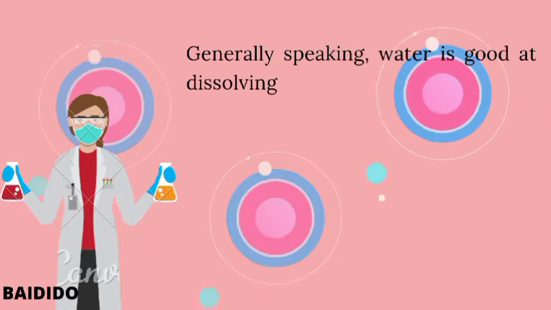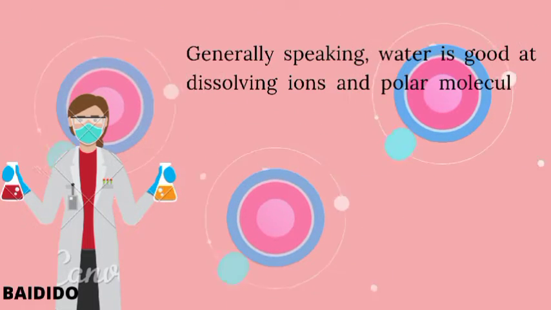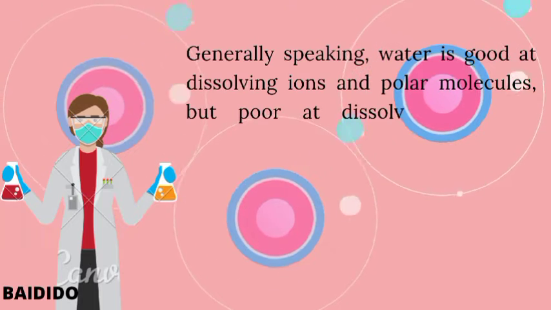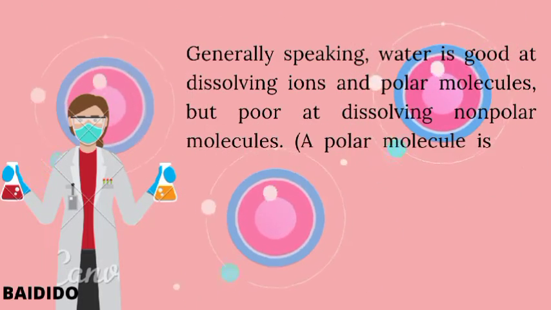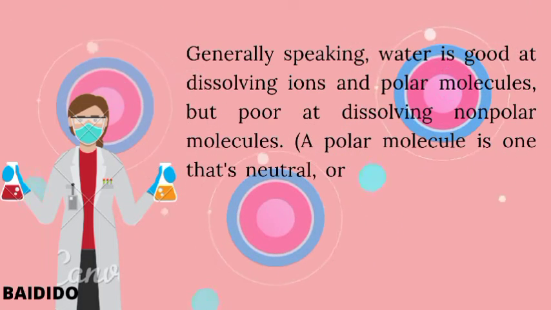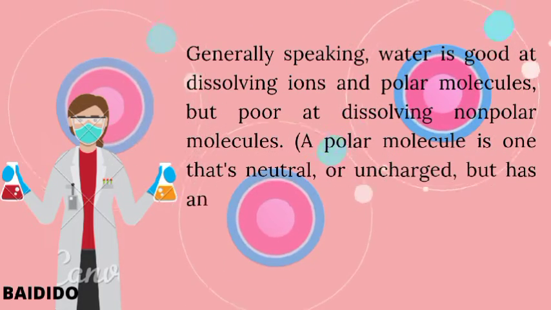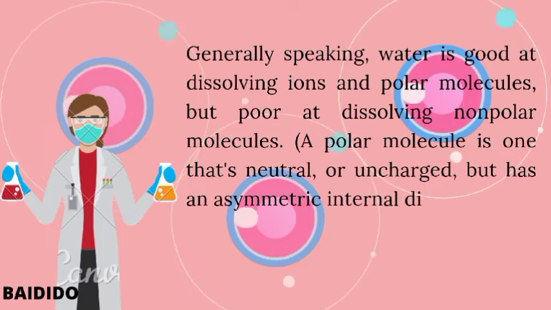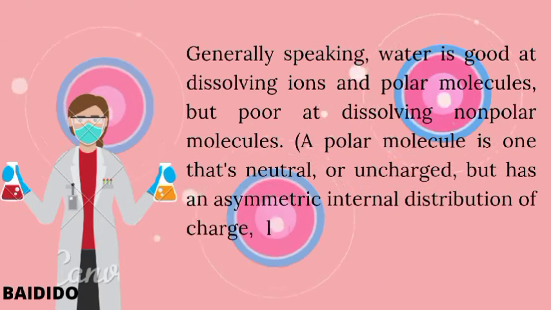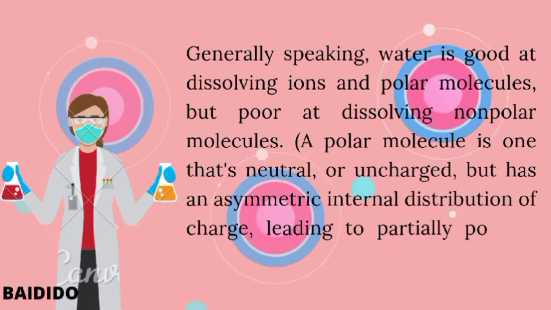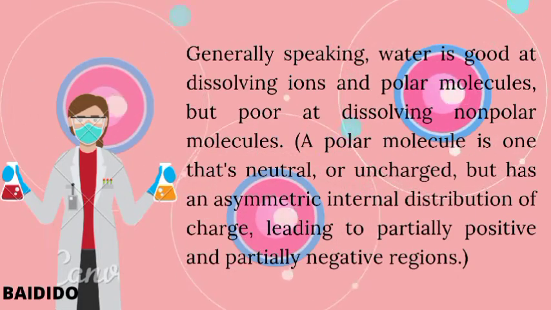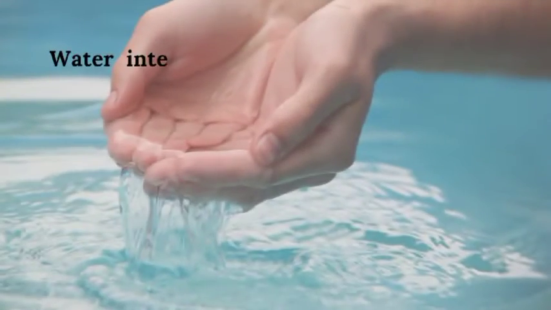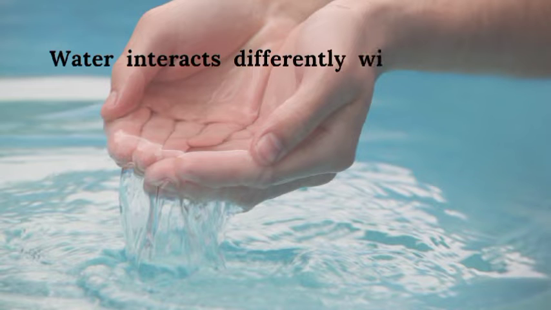Generally speaking, water is good at dissolving ions and polar molecules, but poor at dissolving nonpolar molecules. A polar molecule is one that's neutral or uncharged, but has an asymmetric internal distribution of charge, leading to partially positive and partially negative charge.